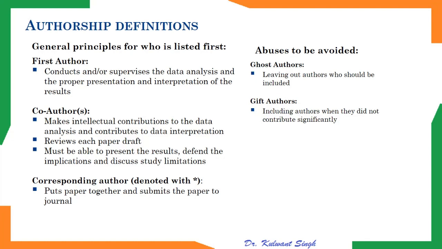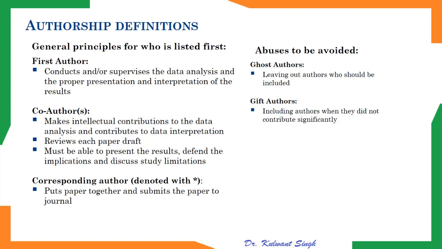First is the ghost author: leaving out a person who has contributed to your research work, but you have not included such a person. That is the ghost author. And these days there are so many gift authors, meaning including a person who has not contributed significantly to your research paper.